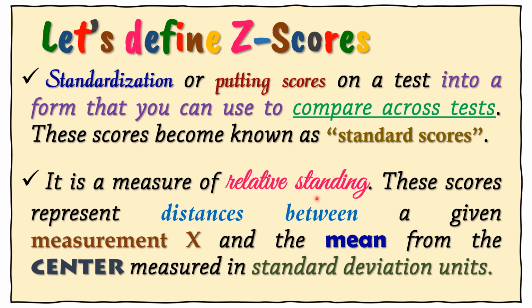So out of 100 students, where is your score located? Is it above the mean or below the mean? This score represents the distance between a given measurement X and the mean, measured in standard deviation units, the z-score or standard score.